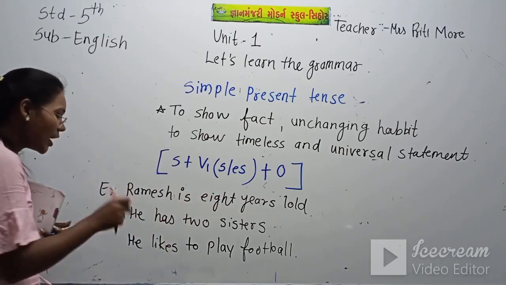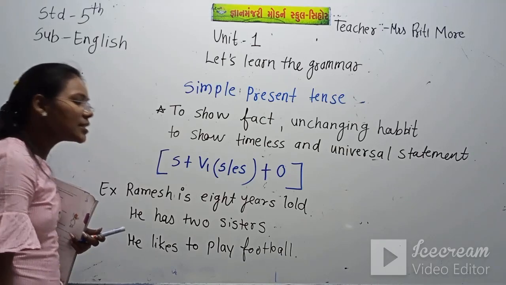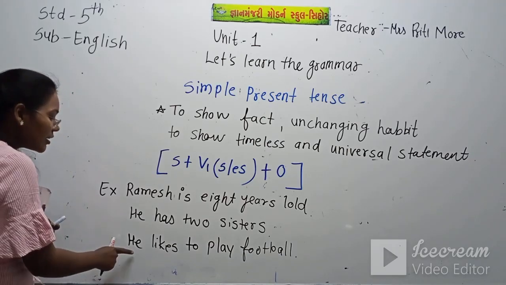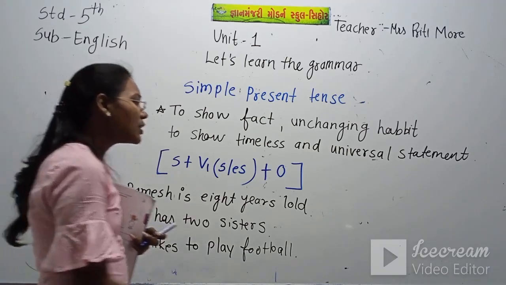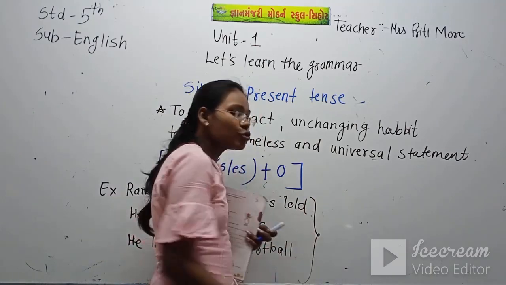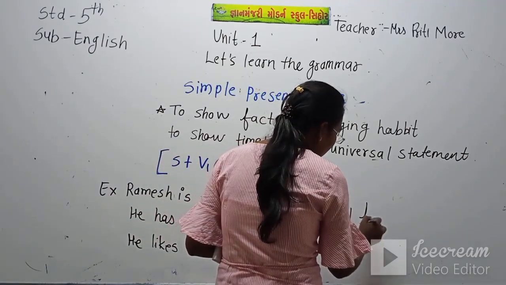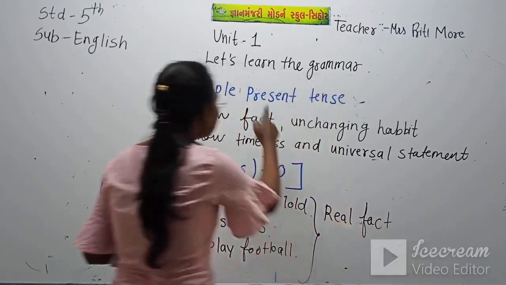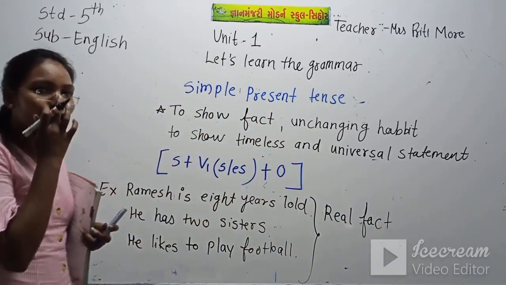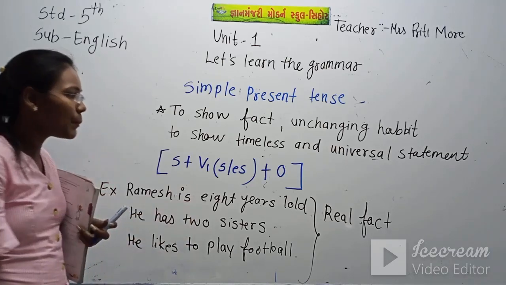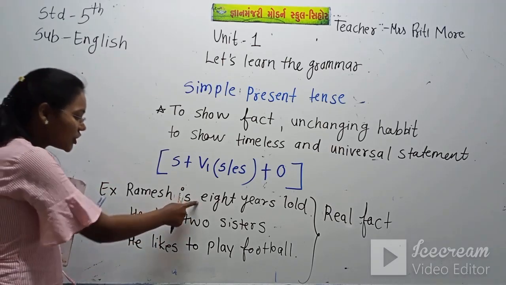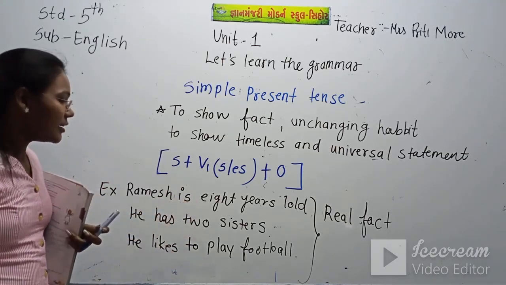This is the real fact. He has 2 sisters. This is the real fact. He likes to play football. This is also the real fact. To show the real fact, we use simple present tense. We cannot change these sentences.